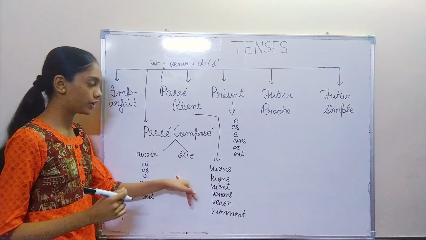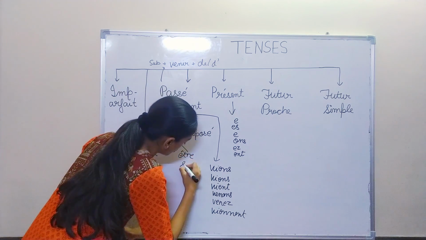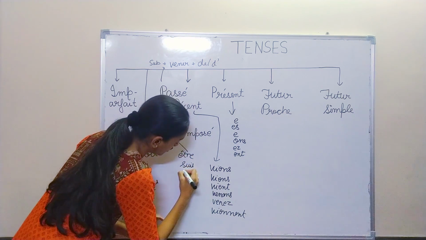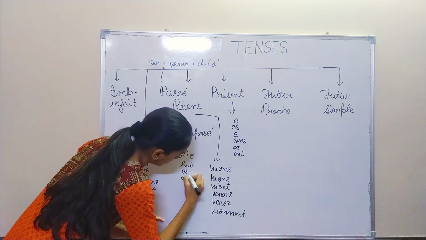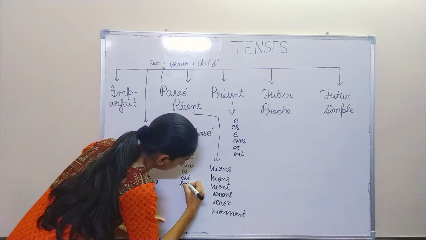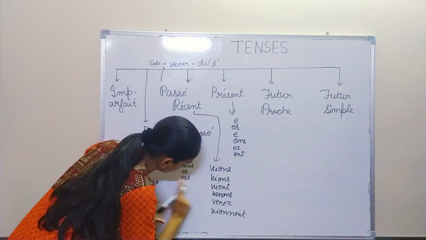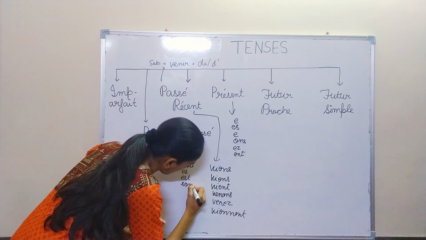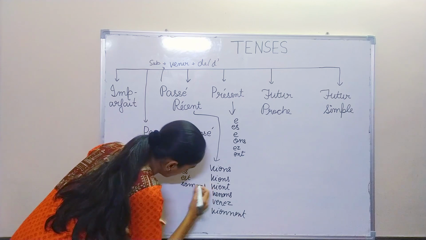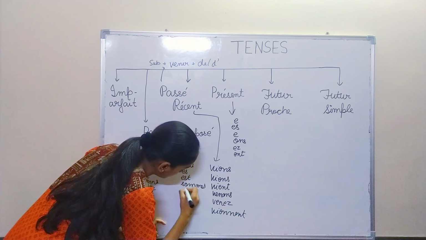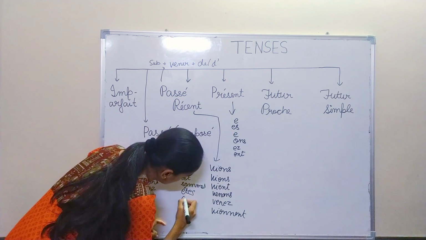And what is the conjugation of être? It's je suis, tu es, il est, nous sommes, vous êtes, and ils sont.